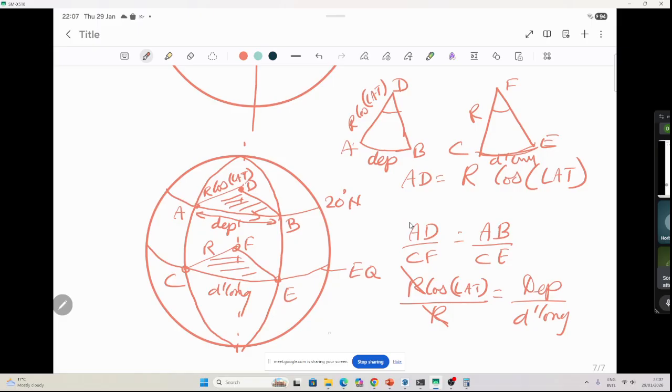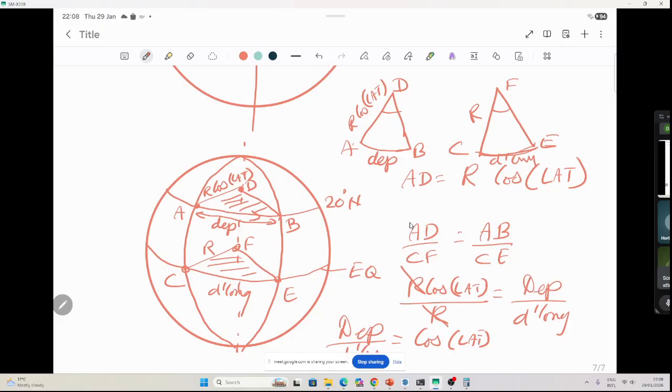So departure divided by D long equals to cos latitude.